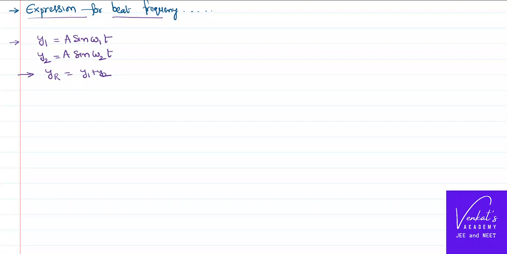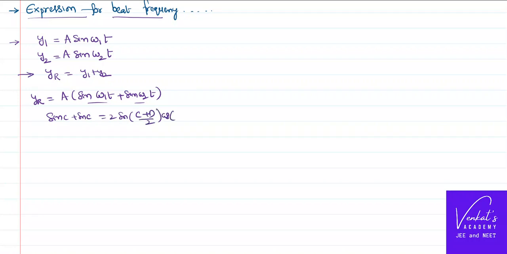When they are combined, y resultant will be y1 plus y2. So that's y resultant. That can be written with a taken common: sin omega 1 t plus sin omega 2 t. This is sin c plus sin d. We have a formula: sin c plus sin d is 2 sin of (c plus d) by 2 and cos of (c minus d) by 2. Let us apply this formula to get the resultant.